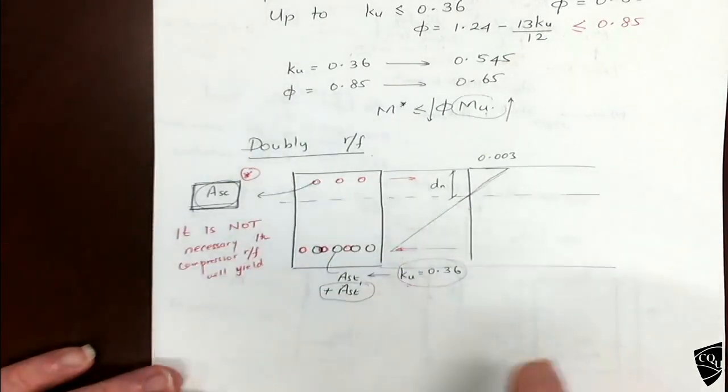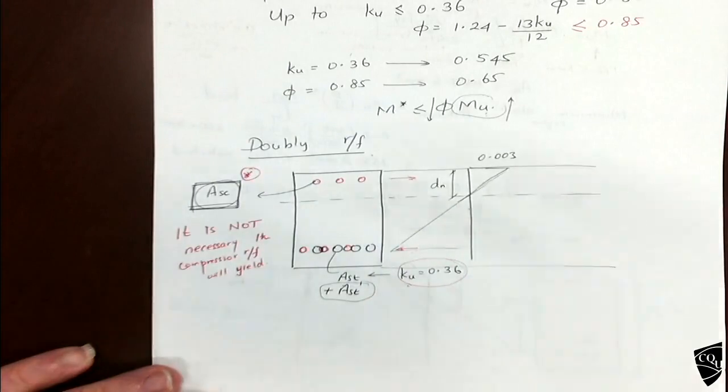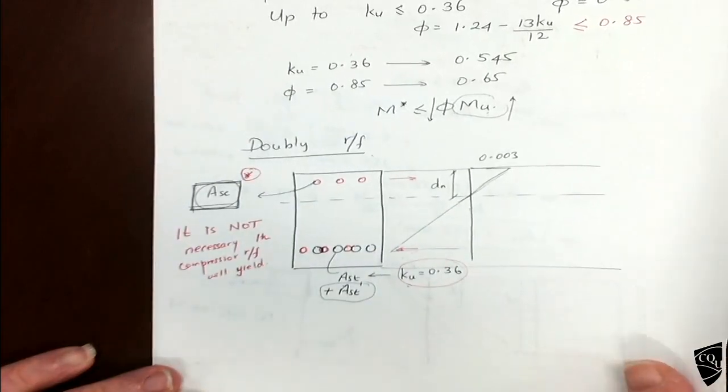That is the basic principle of doubly reinforced sections. If you cannot manage with a simply reinforced section, you should use a doubly reinforced section, when you have very large moments.